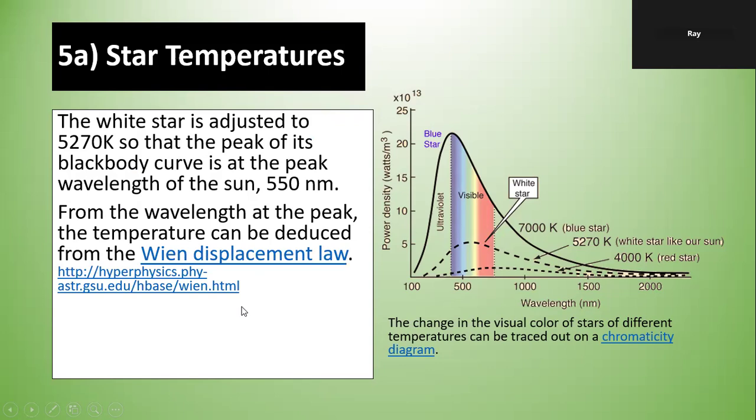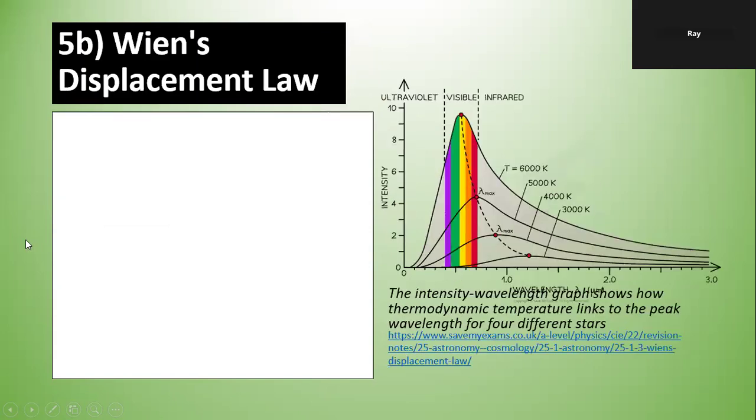For the wavelength at the peak, the temperature can be deduced from Wien's law. Wien's law summarizes the maximum temperature and the wavelength. That's what this graph is showing you.